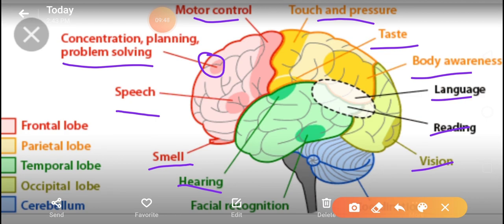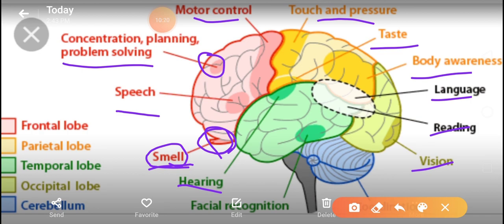Then you have motor control, touch and pressure, body awareness, language, reading, vision. So all these are your areas in your brain where your nerves are coming. That means if you are talking about smell, all the nerves from the nose will come and give the information to the brain in this particular area, and the brain will send back the answer.